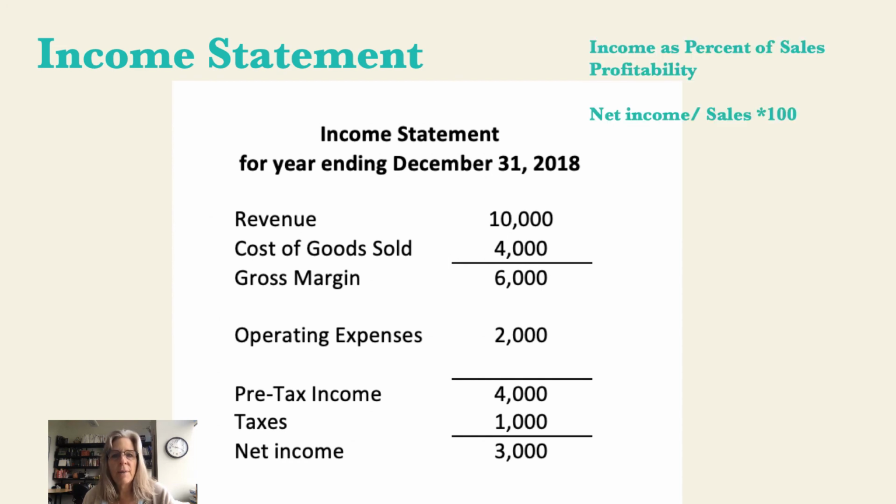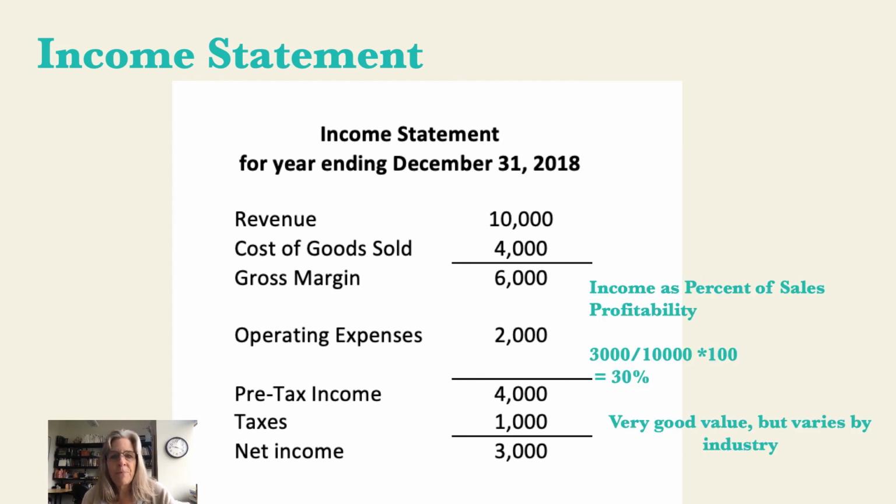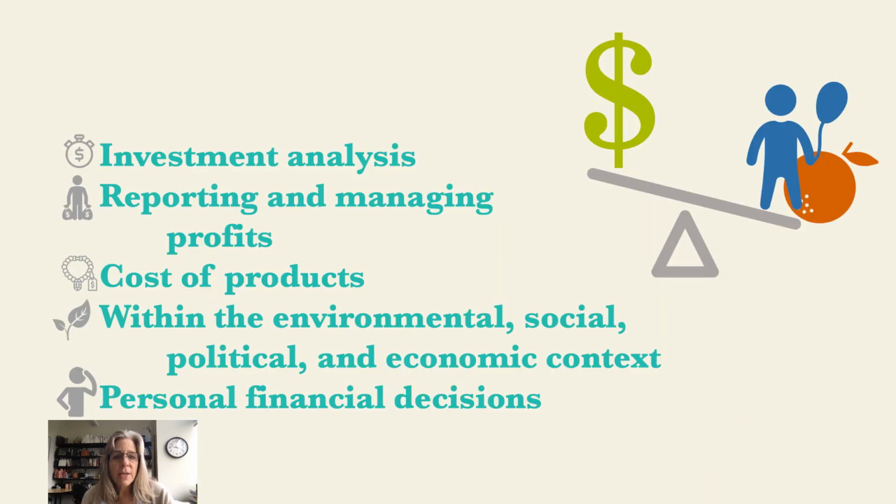For our calculation here, it would be 3,000 over 10,000 or 30%. So this is net income, and as a percent of sales is 30%, which is actually pretty good. That means that every dollar we sell, we get to keep 30 cents of it, and that's quite a good margin.